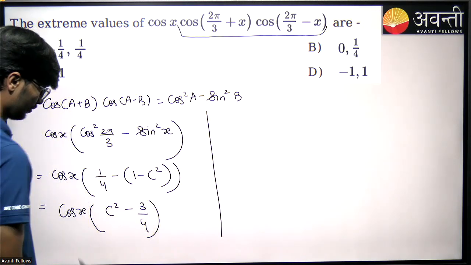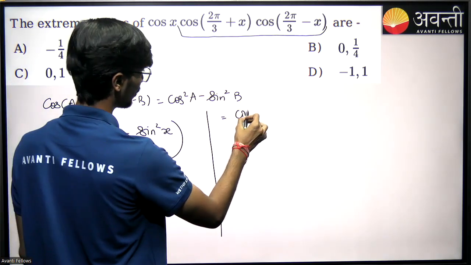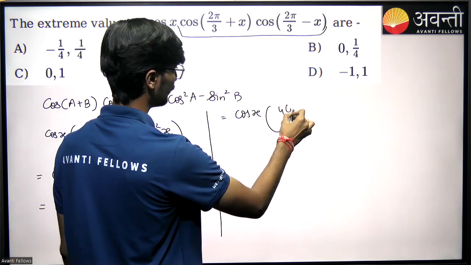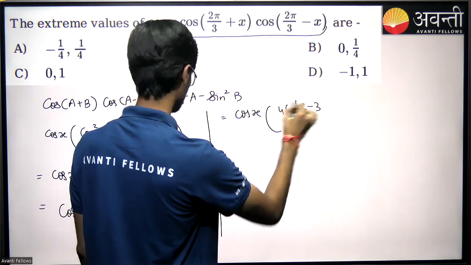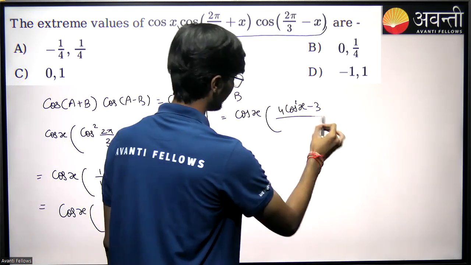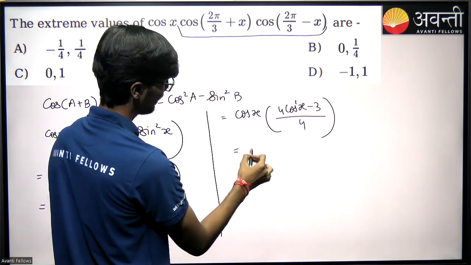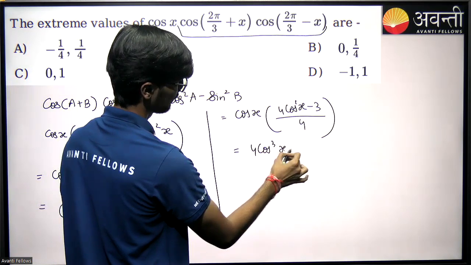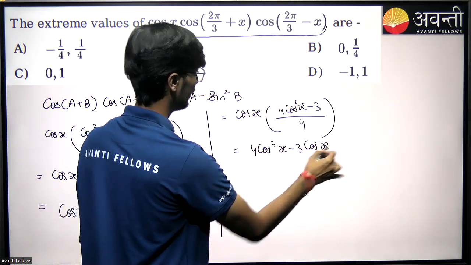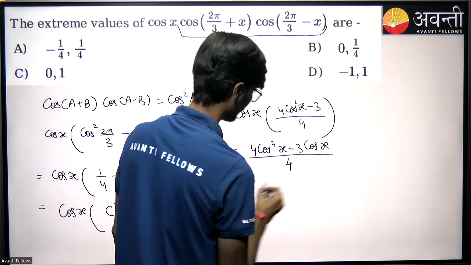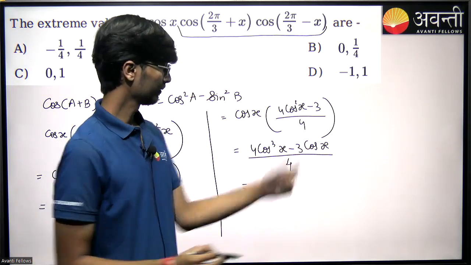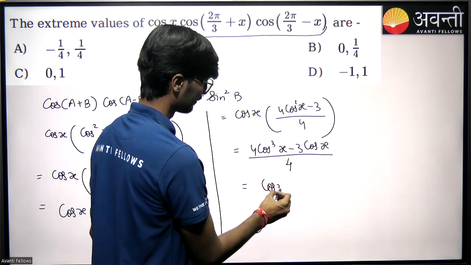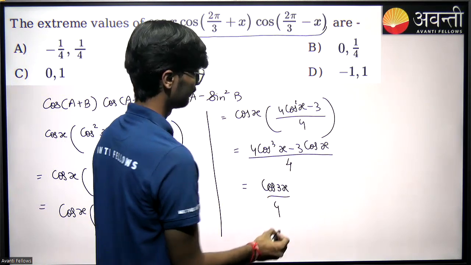So if I take LCM, I'll get cos x into 4 cos square x minus 3 by 4. If I multiply, I'll get 4 cos cube x minus 3 cos x upon 4. So 4 cos cube x minus 3 cos x is cos 3x, by 4.